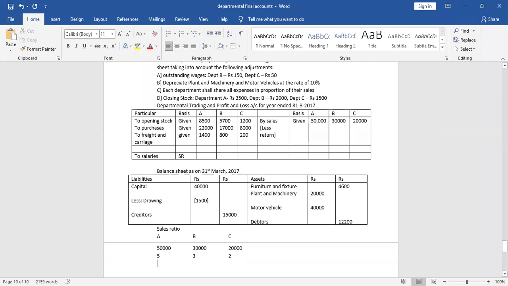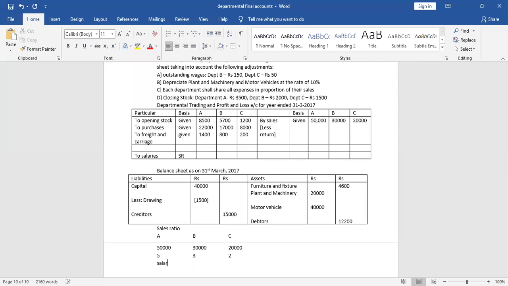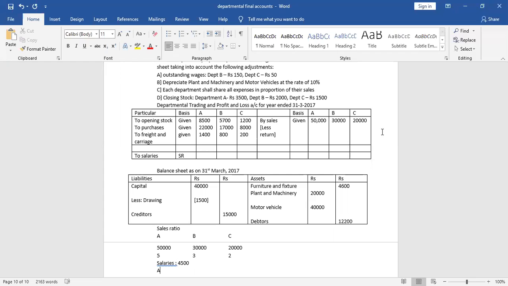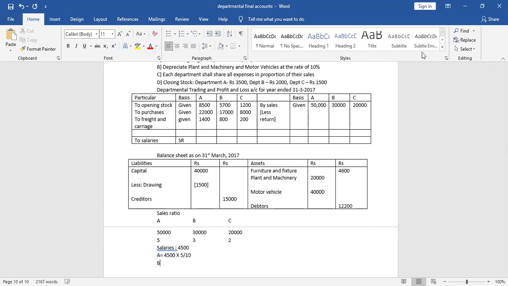Salaries is 4,500. So A department में कैसे रहेगा? 4,500 into 5 plus 3 plus 2 is 10. So 5 divided by 10. B department में 4,500 into 3 divided by 10. How did I get the 10? 5 plus 3 plus 2. And C department में 4,500 into 2 divided by 10.